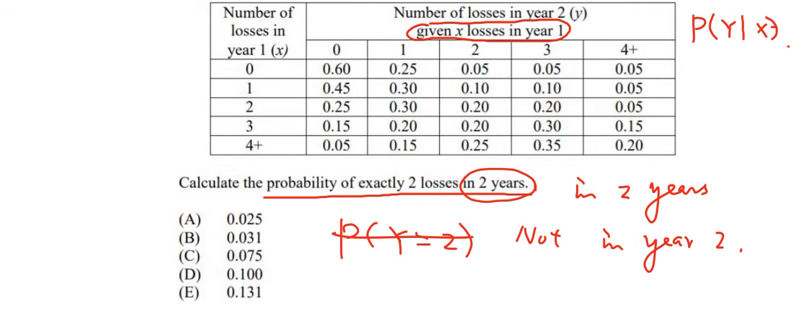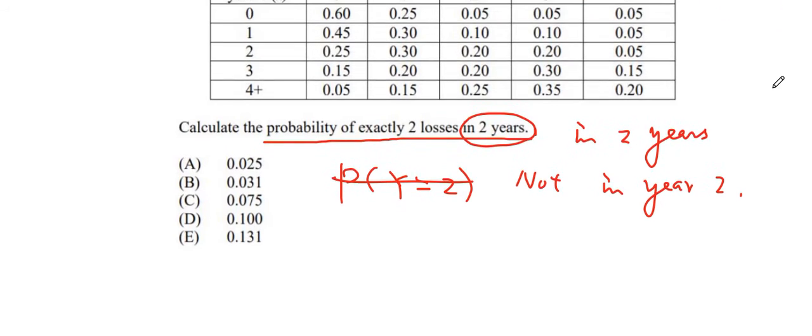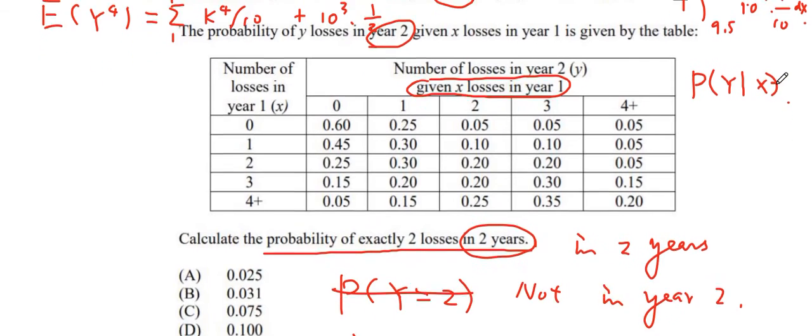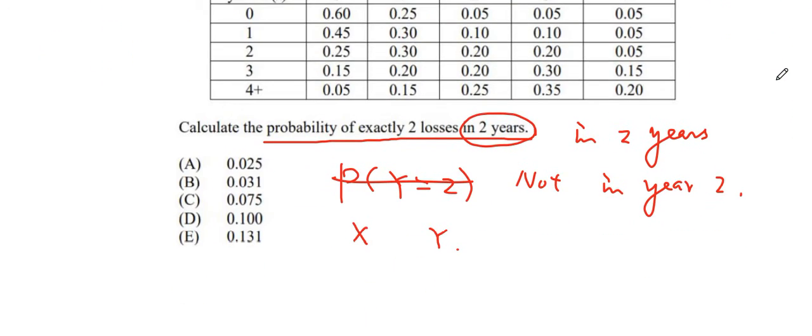So this was wrong. X stands for the first year, and Y stands for the second year. So together is 2, so we can have 0 and 2, 1 and 1, 2 and 0. We have those 3 cases.